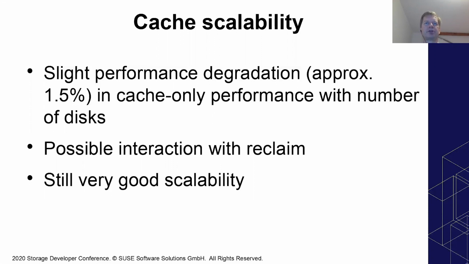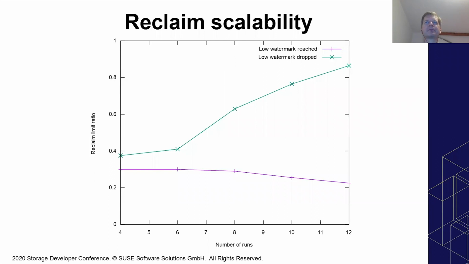Which means that the more disks we have, the more reclaim workers we have. And so this might lead to the observed performance degradation, as the system would need to check more reclaim workers for each test. But still, we do have a very good cache, a very good scalability.